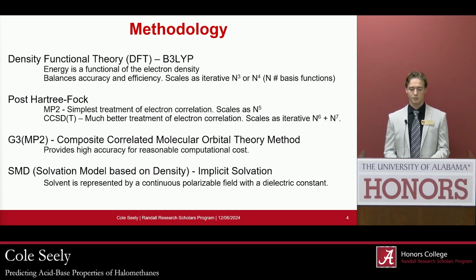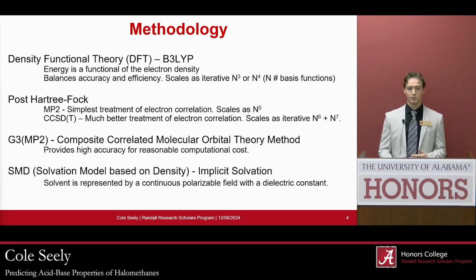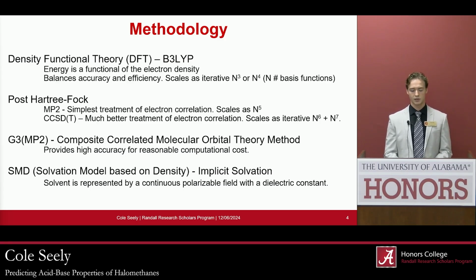Next, post-Hartree-Fock methods: we used MP2 and CCSD(T), where MP2 is the simplest treatment of electron correlation, scaling as n to the fifth in terms of computational requirements. And CCSD(T), also known as coupled cluster calculation, is a much better treatment of electron correlation, scaling as iterative n to the sixth and non-iterative n to the seventh for that parentheses T term.